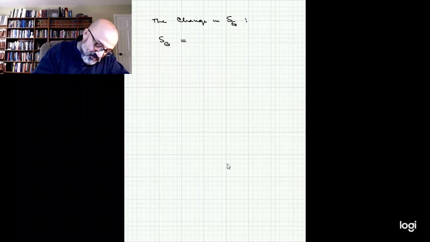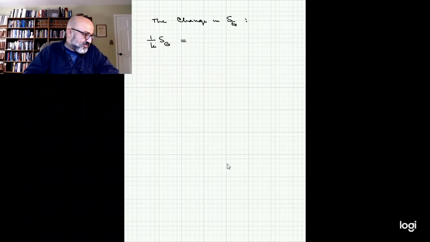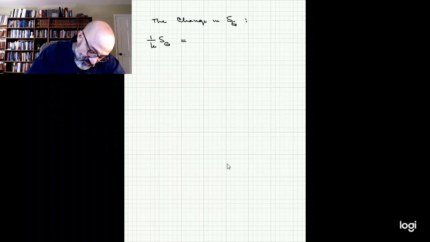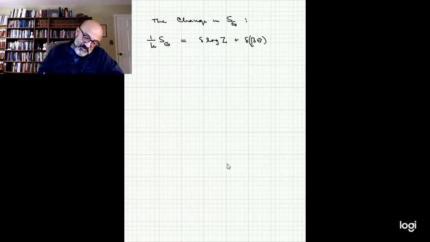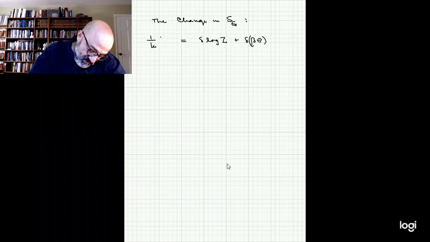And I'm going to divide by k so that I don't have to carry many of those k's floating around on the right hand side. The entropy was log Z plus beta E. So we have these two expressions there, and let's just compute them. There's a delta S over k.